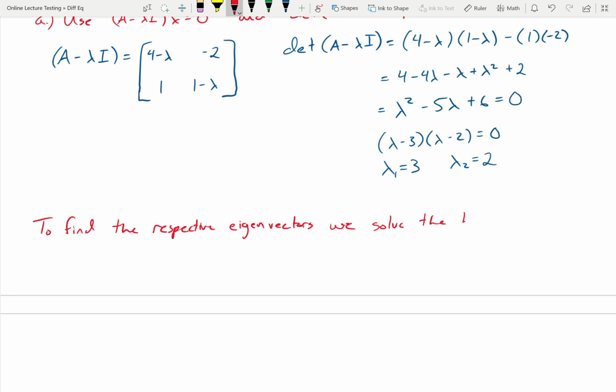This should be a good reminder or a good lesson on how to find these. Dealing with a 2x2 is a lot easier than a 3x3, but there are sometimes when you're solving for an eigenvector in a 2x2 that you actually get lost in some of the calculations or how they come up with values. So a 3x3 is actually a better example when showing how to find the eigenvectors. But I'm going to try my best to describe what we're doing.